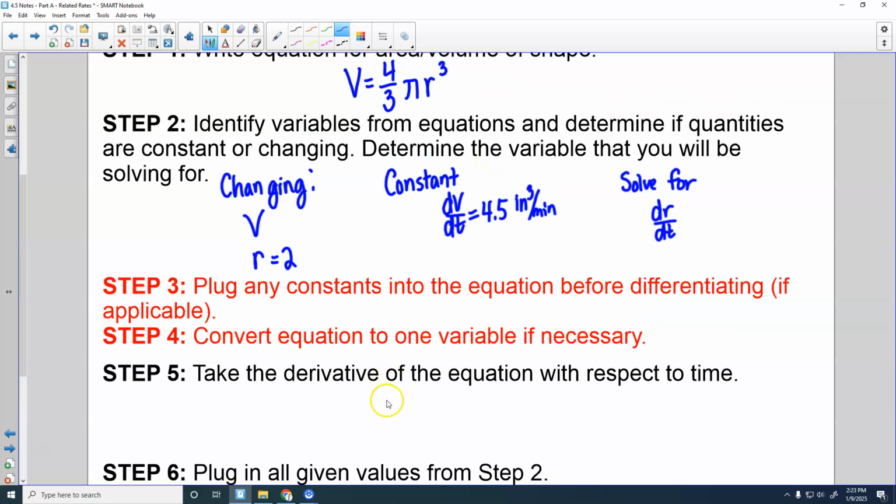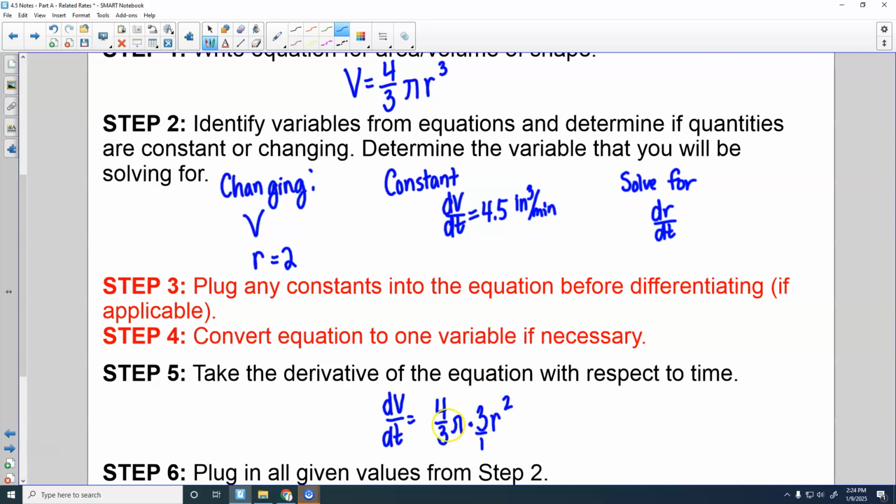So the derivative of V is just dV/dt. We've got 4/3 pi r cubed. 4/3 pi doesn't necessarily look like it, but it's just a constant. So you're just doing the power rule here. You're going to do that 4/3 pi times the 3, and then the r will be to the second power.